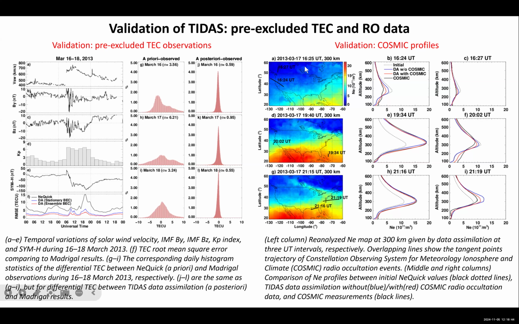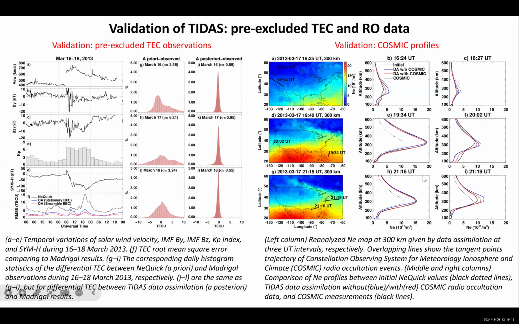And here we show the electron density distribution at 300 kilometers, where we can see the reconstructed electron density structure showing the SED plume. And there are also some mesoscale structures. Here we show the trajectory of the COSMIC. So this is the profile where we show the results before data assimilation, after assimilation with COSMIC and without COSMIC.